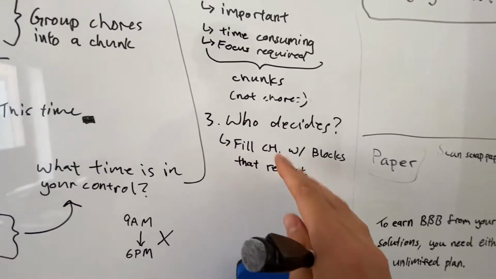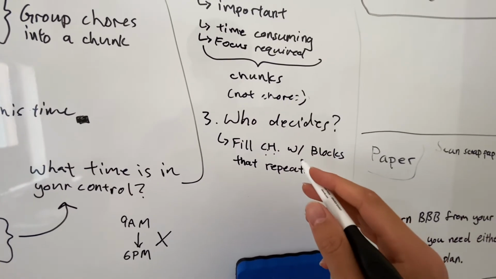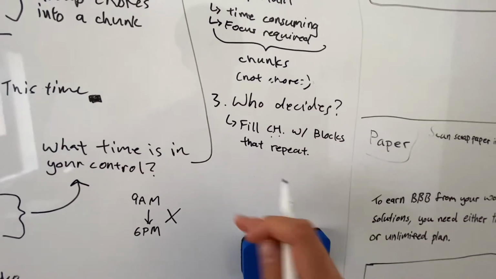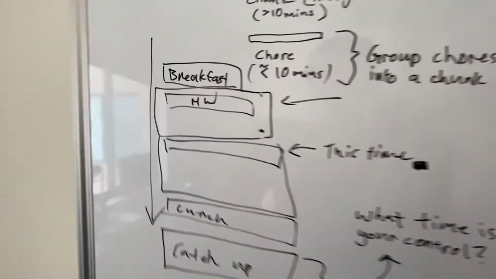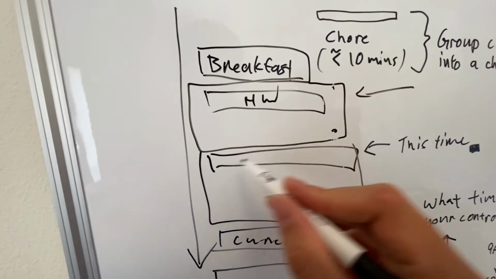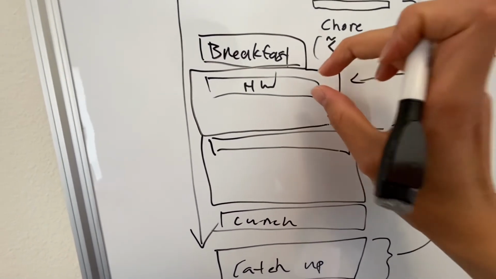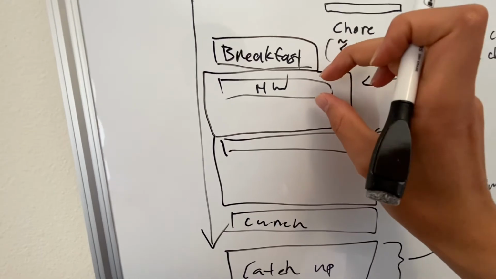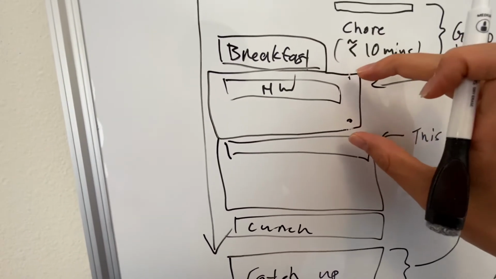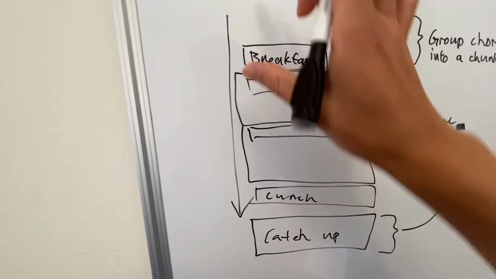Okay, so for who decides, I kind of came up with a general idea. You want to fill your controlled hours, CH, with blocks that repeat. So you probably want to have repetitious blocks. Also, blocks are these boxes, like the time ranges. That's a block, and then that's your chunk or your chore. So your chunks or your chores go within time ranges, and the time range is called your block because you block out your day into blocks, right?